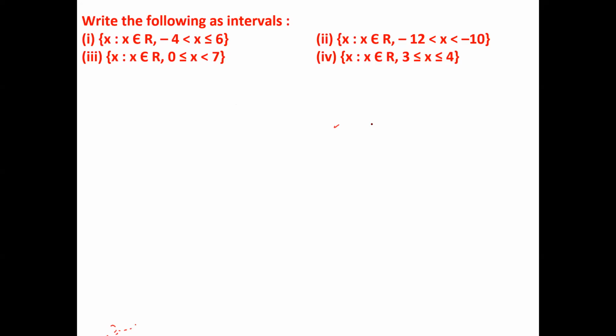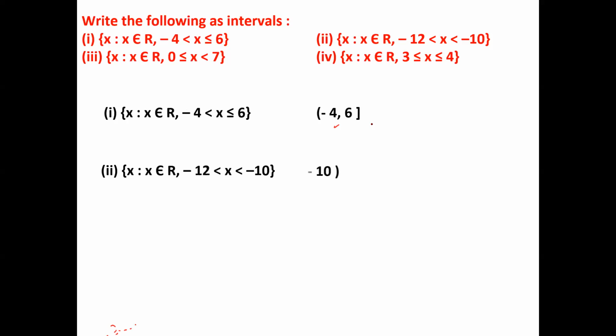These are the intervals. All the numbers between -12 and -10: decimals, irrational, rational, everything.